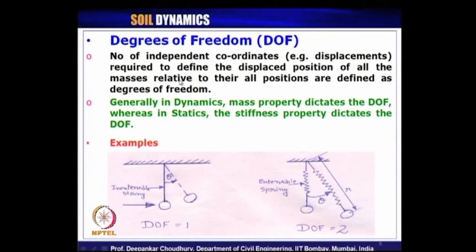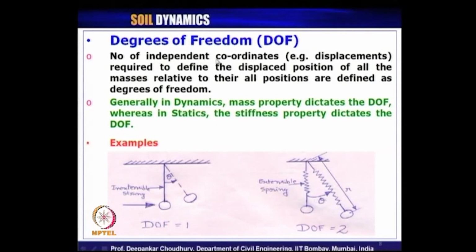In this definition, the word which we should emphasize, underline, or take special note of is the number of independent coordinates. One coordinate should not be dependent on the other one.